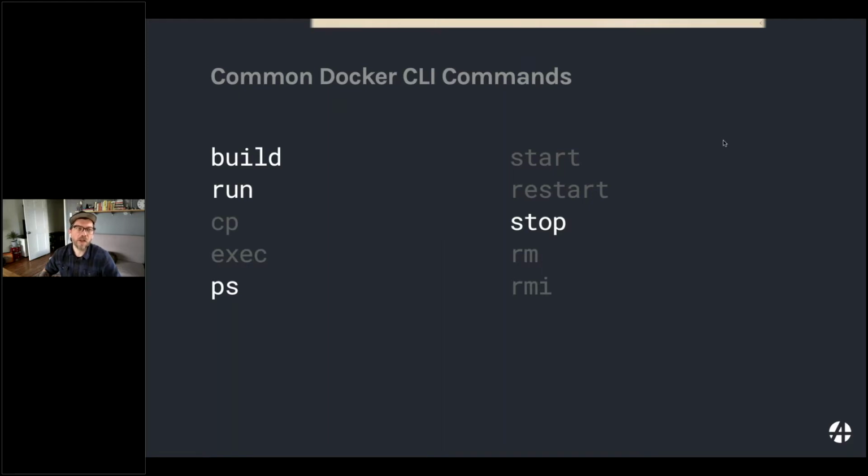And stop is how you stop a container. Another one that we are probably going to use a little later is the exec command, which is grayed out here. That allows you to execute a command within a running container. So for example, if you wanted to SSH into the container to see what was there, or additionally run another command like switching a user or something.